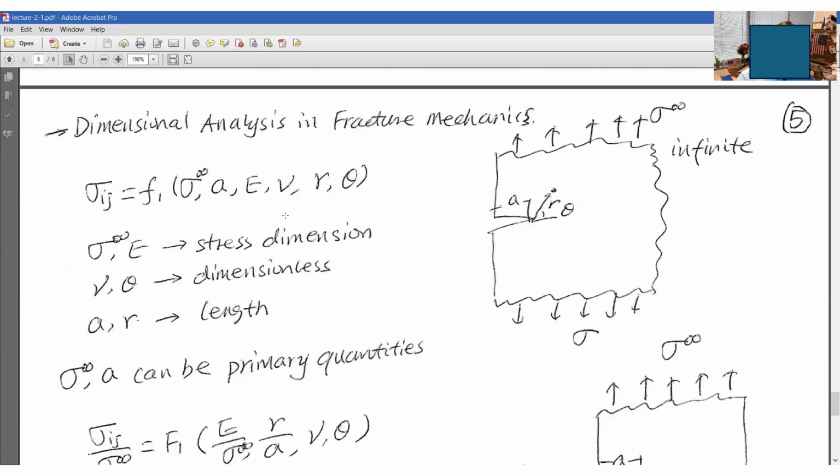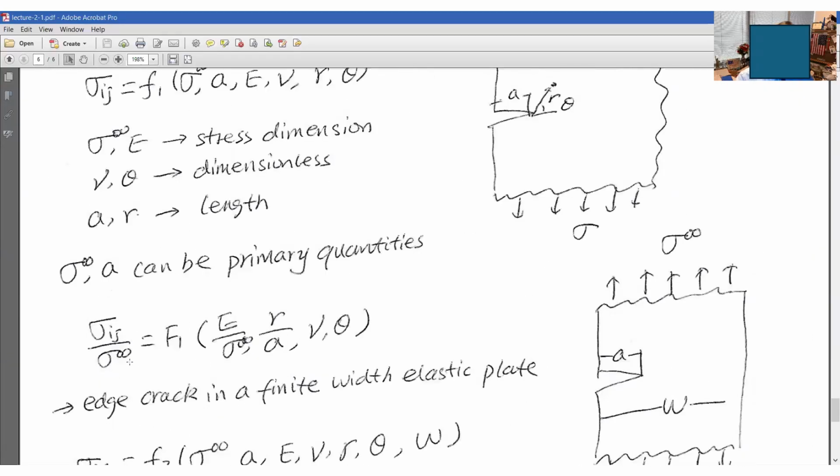For this case, I just make the exponent of the other primary quantity equal 0, so that one will take care of itself, right? So I only have this divided by this, and I need to change the function from lowercase f1 to capital F1.